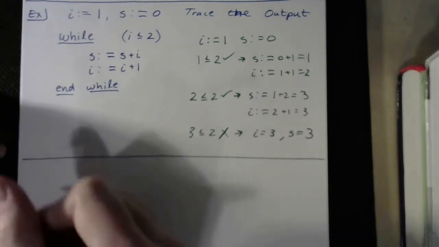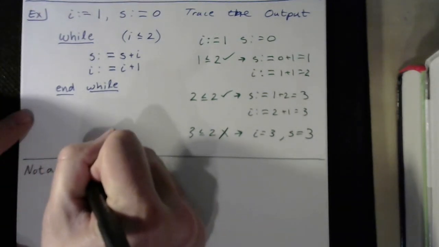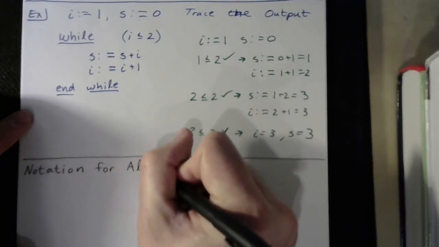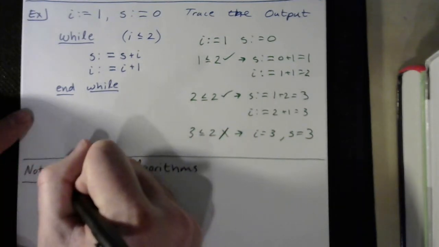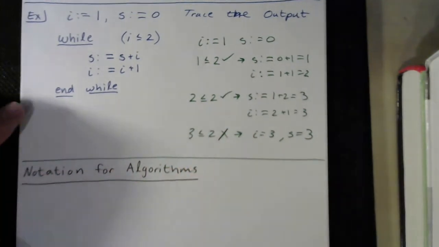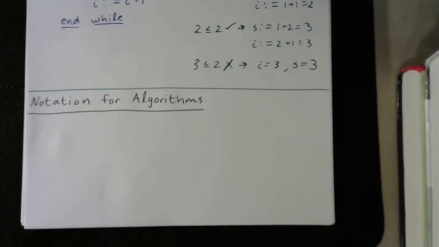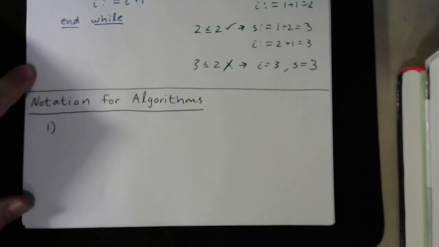So let's talk a little bit about notation for algorithms. So when we say notation for algorithms, what I'm talking about is, if you're going to write an algorithm out for someone, there needs to be very specific things, and we typically have 5 key things that need to be there.